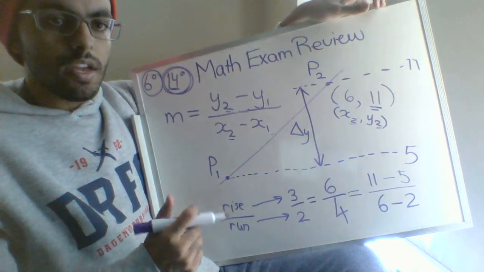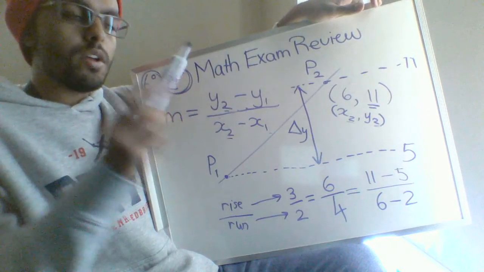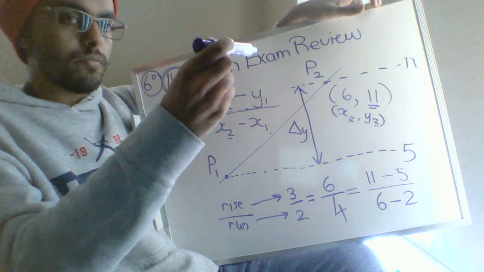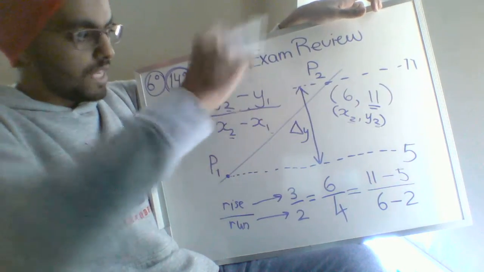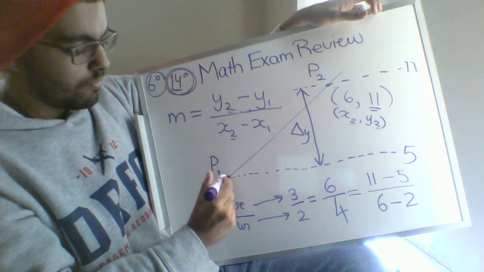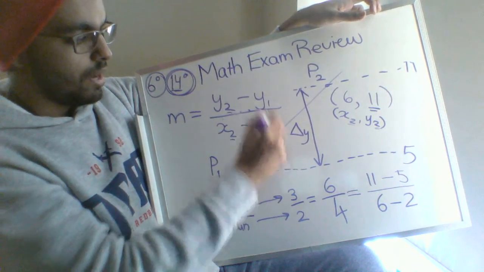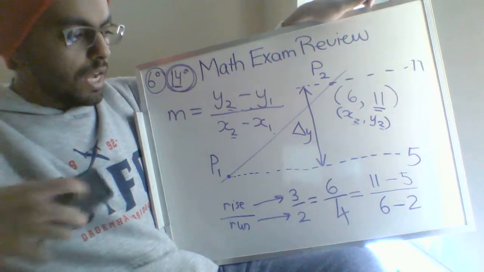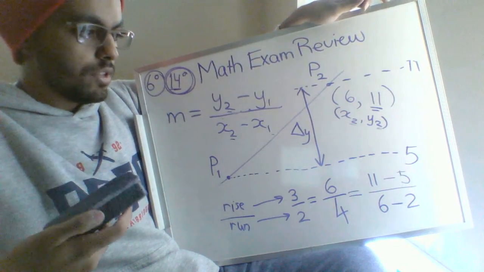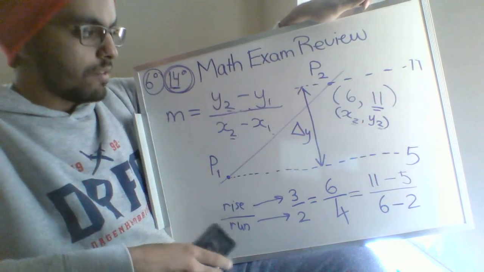That is, for every 3 units you go up, you have to go 2 units over. 3 units up, 2 units over, and you just keep doing that. So from here, you just go up 1, 2, 3, and then over, and then up 1, 2, 3, and then over. So that's how you can use your slope to graph something like this.